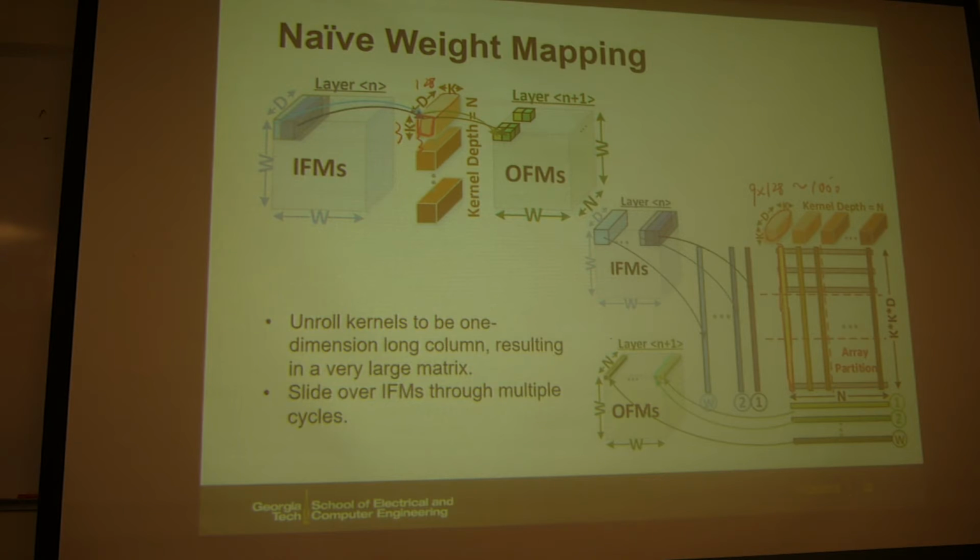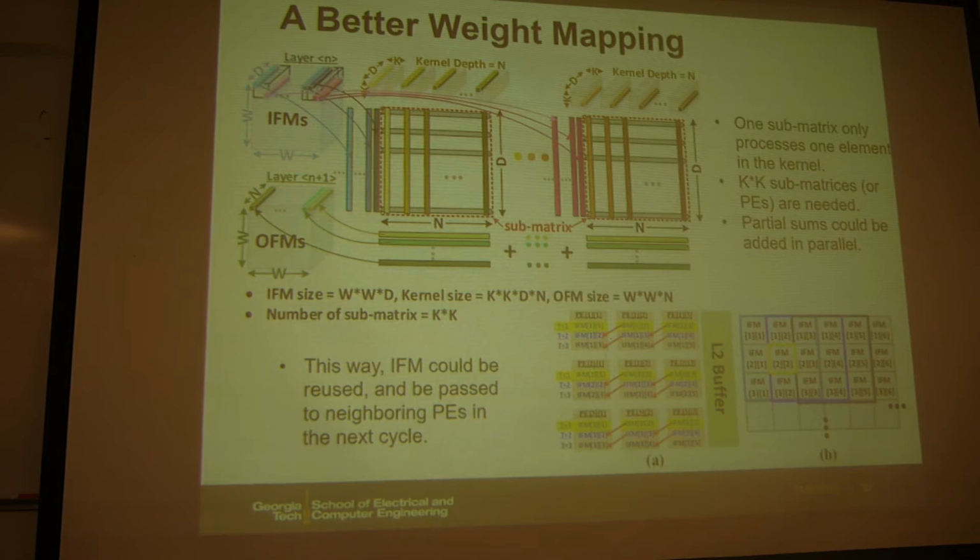So the better way to do this is to look at the location of each element, and then you can use different subarrays to do this. For example, if you have a 3 by 3 kernel, here we prefer to have nine subarrays to do this. So eventually each subarray is doing just one kernel element across this channel.